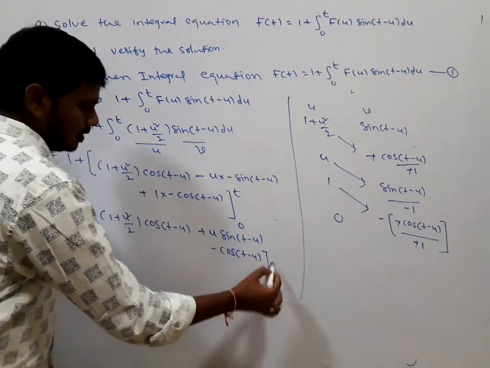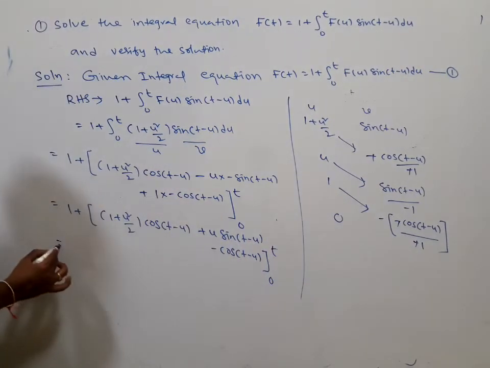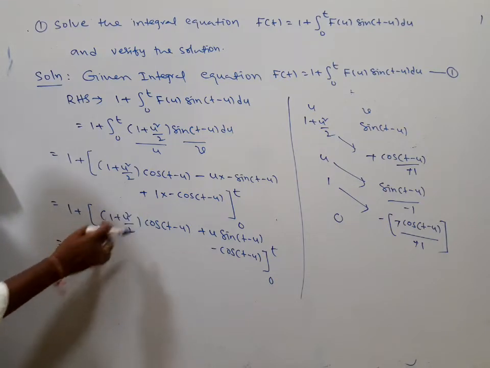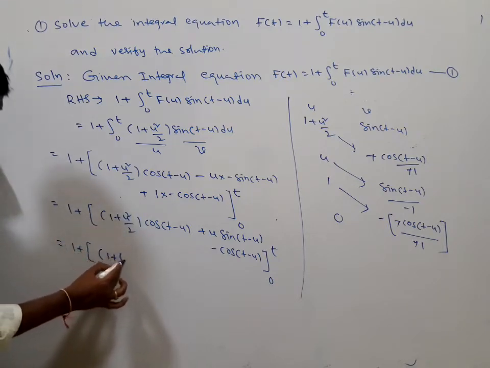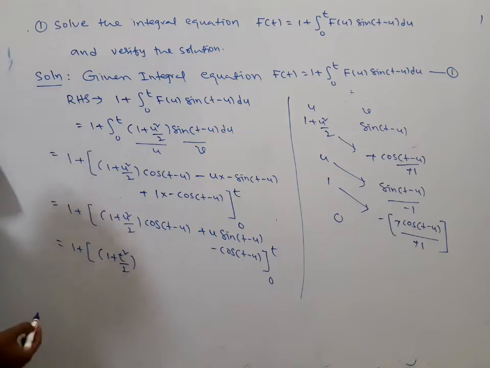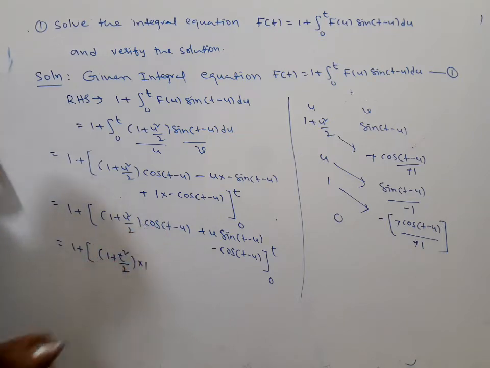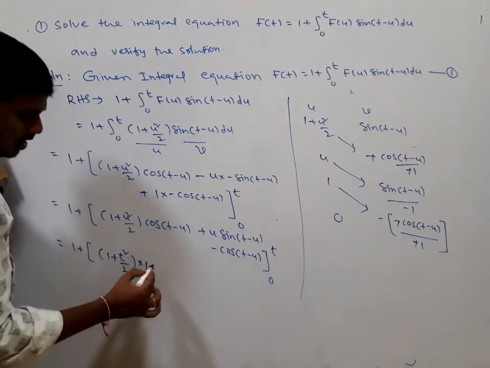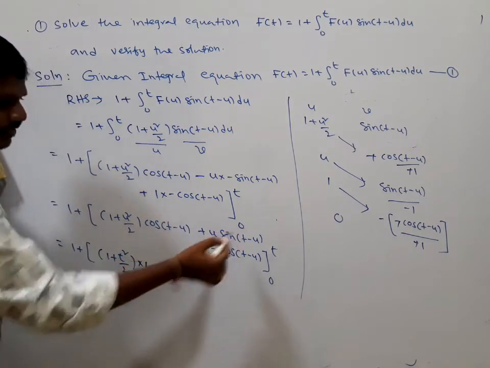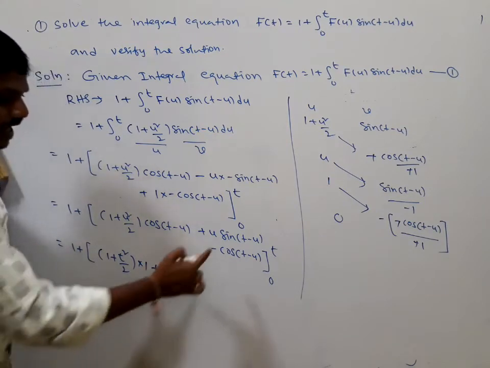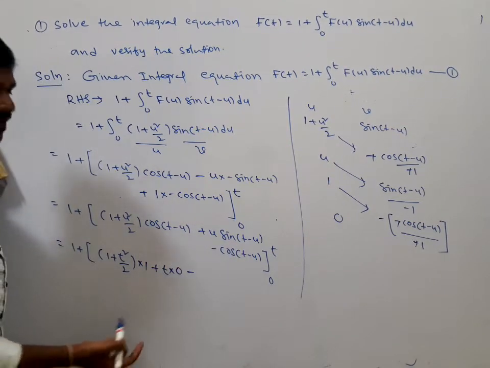where 0 to t. Right, we go for the upper limit: 1 plus t square by 2, right? Cos of t minus t, cos 0 is equal to 1. Next, plus t into sin of t minus t, sin 0 is 0, minus cos of t minus t, cos 0 is 1, right?